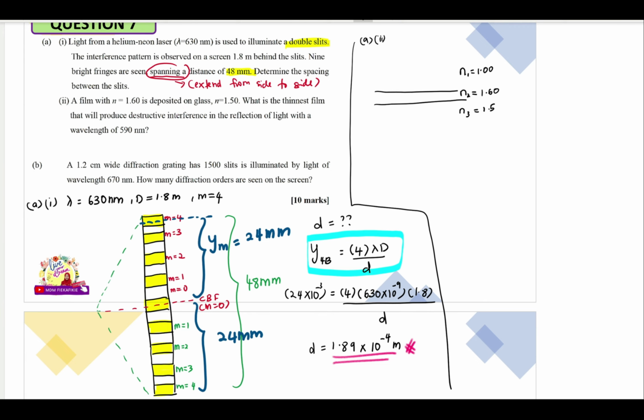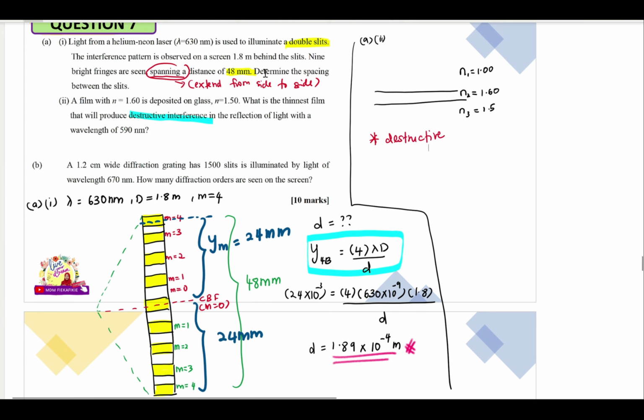Okay, you lukis dulu. What is the thinnest film that will produce destructive interference in the reflection of light with a wavelength of 590 nanometer. So we want to determine the destructive interference. Ini penting, daripada soalan hint dia, you mesti pilih equation destructive.